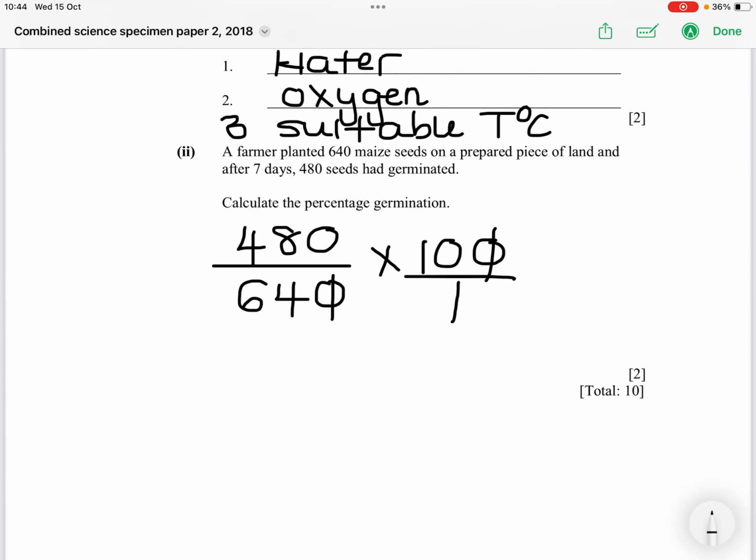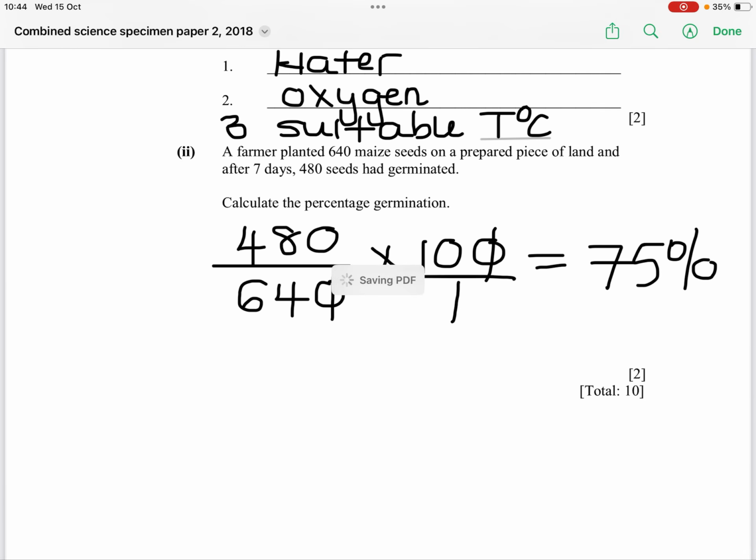This 0 cancels this 0. Let me punch on the calculator, 480 divided by 640 times 100, I'm getting 75%. This is going to be the percentage germination.